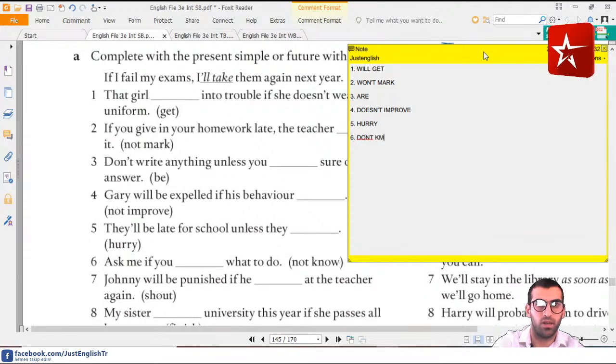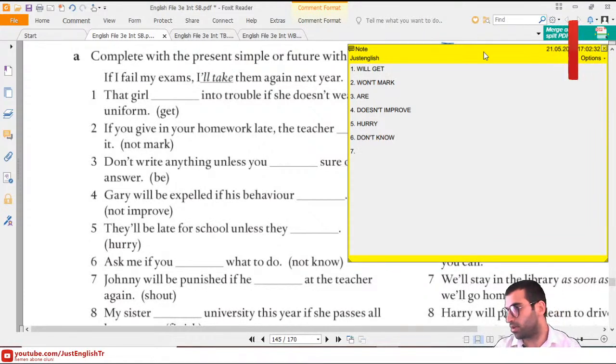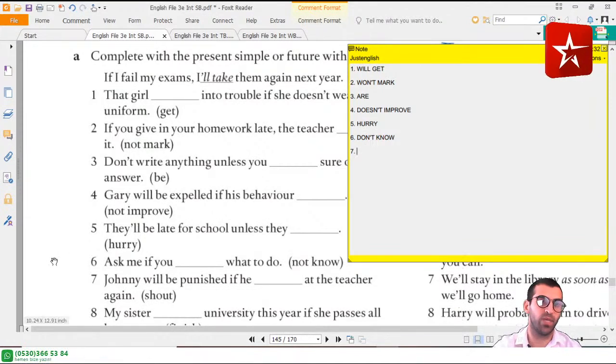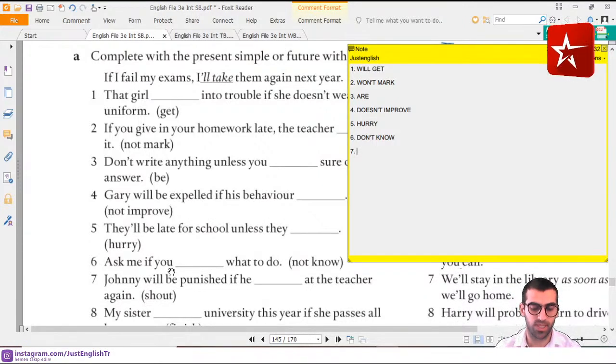Don't know is a correct answer. Let me check who wrote the correct answer: Rana, Pelin, Mehmet, Bozkurt, not won't know, don't know. Because this is an imperative sentence, and after if in first conditional sentences we use present simple, not future simple. We say, ask me if you don't know what to do.